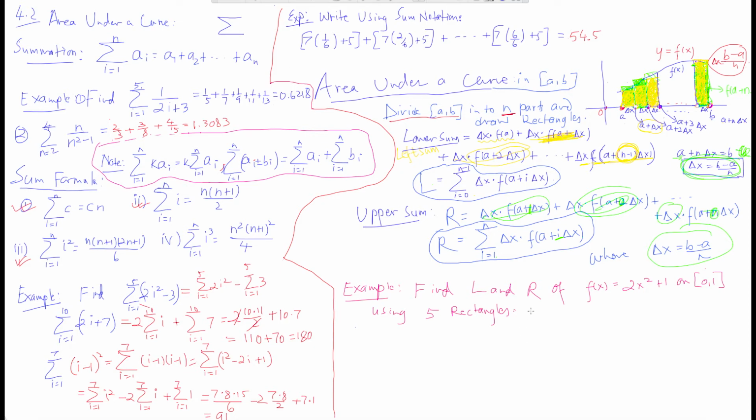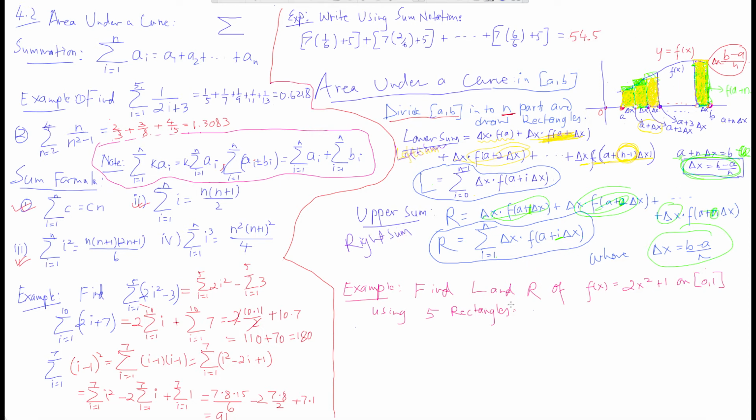I want to do one example. What the example says here is, find the left sum and the right sum. So we call it the upper sum or the right sum here, okay? This is the left sum, and this is the upper sum or right sum, because we are taking the right side as the height there.